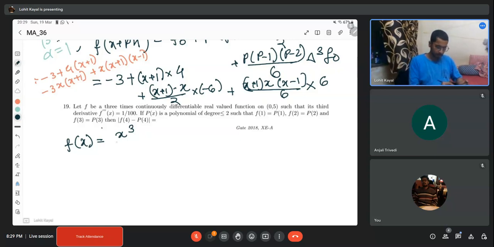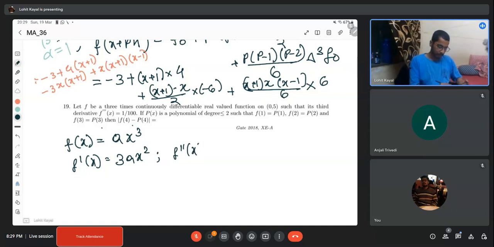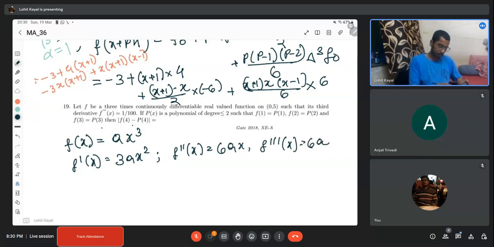If I just assume that f(x) equal to a into x cube, then f prime x is 3a x square, f double prime x equal to 6ax, f triple prime x equal to 6a.